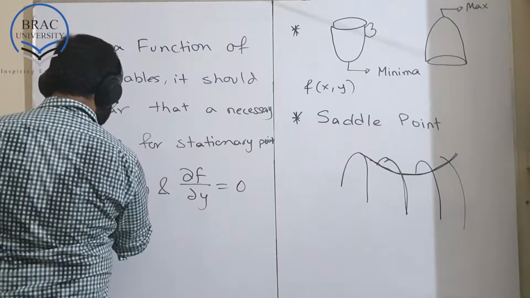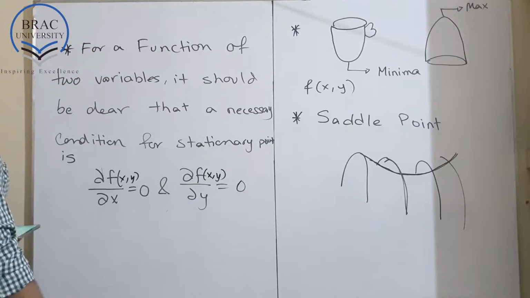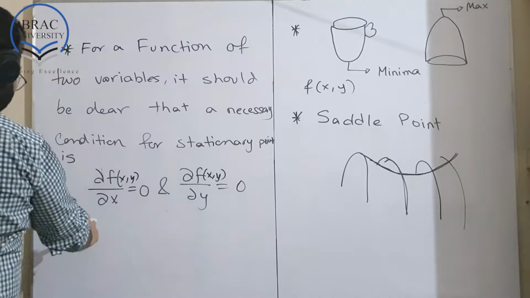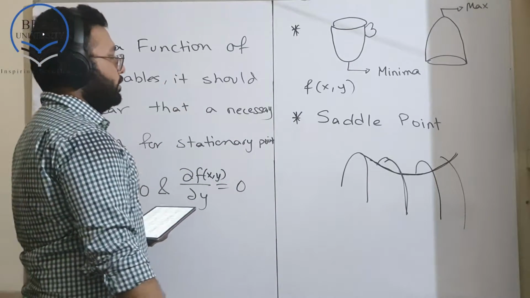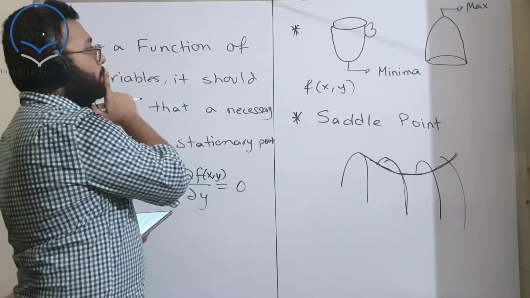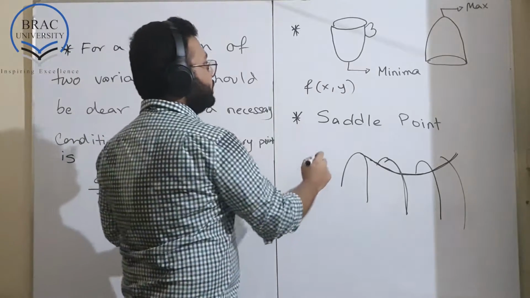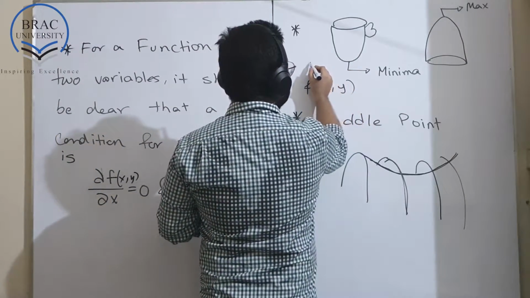It's quite similar to the one variable case, in which we had only one variable and we differentiated that, and if it's 0, we have a stationary point. So now, why is it a necessary condition? Because derivative is like a slope, right?